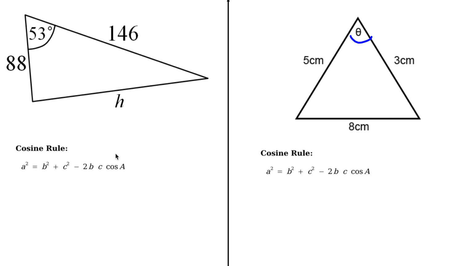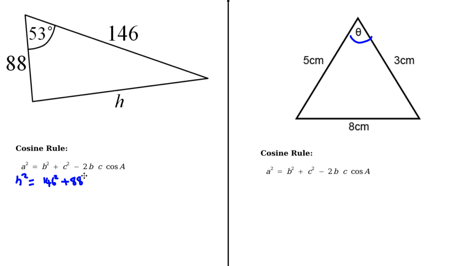Alright, okay, so I've got a squared. Now a squared represents the side I'm trying to work out, and this happens to be h in this example. So instead of writing a squared, I'm going to write h squared. Now b and c can be either 88 or 146. It doesn't really matter. So let's call b 146.